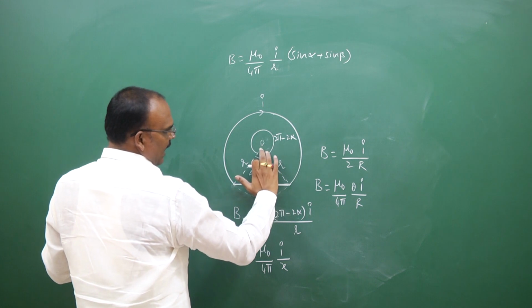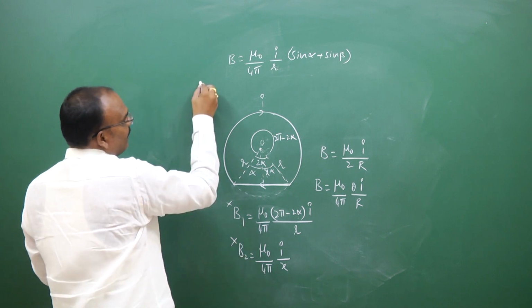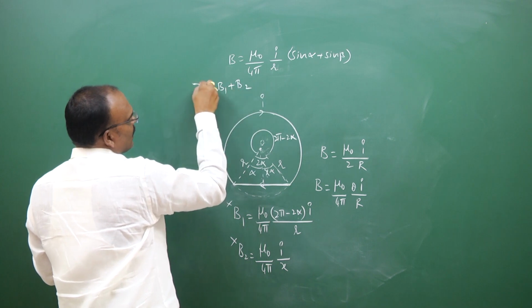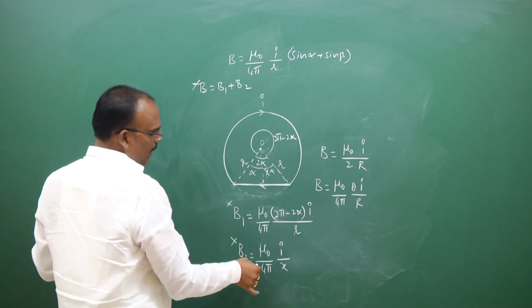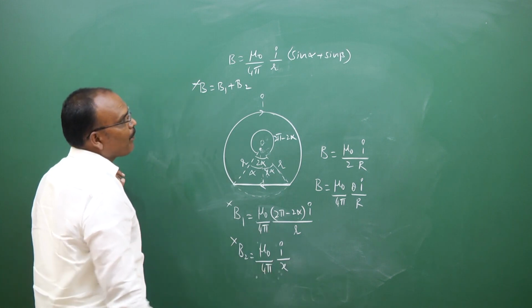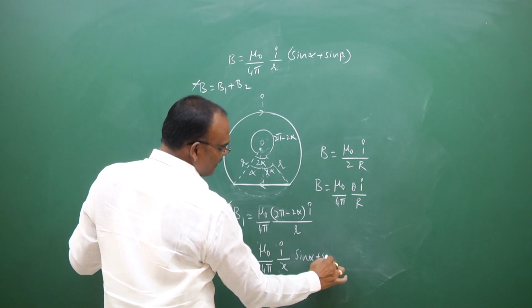This is also carrying current in this direction, field is into. Both into. So final magnetic field B can be written as B1 plus B2. Total is also into. B2 I am calculating as mu naught by 4 pi I by x into sin alpha plus another sin alpha.